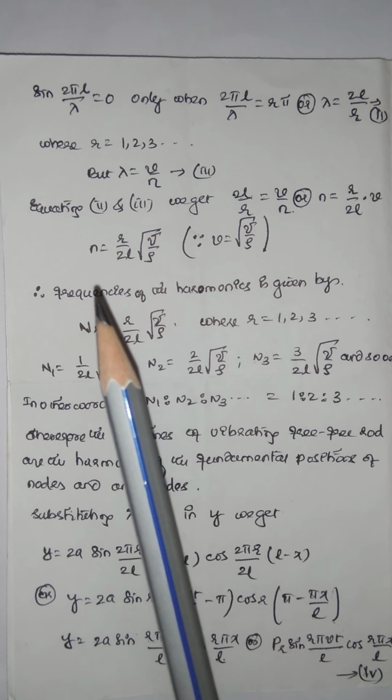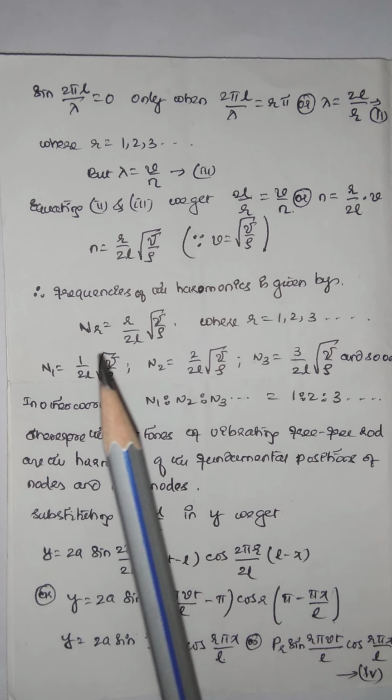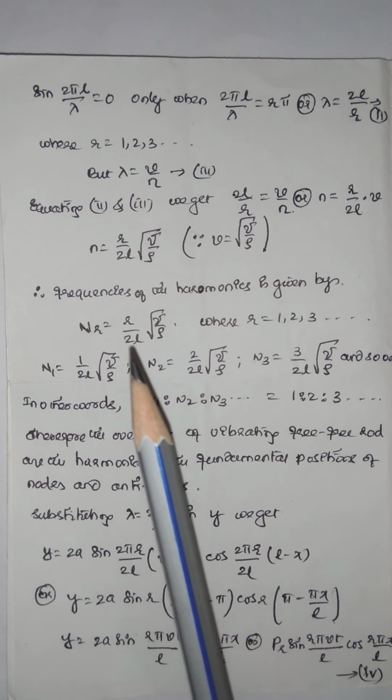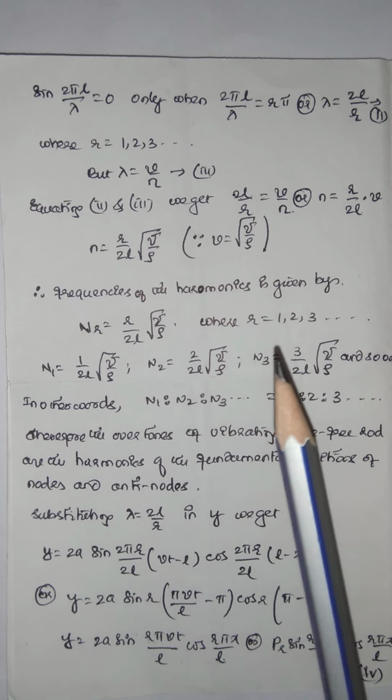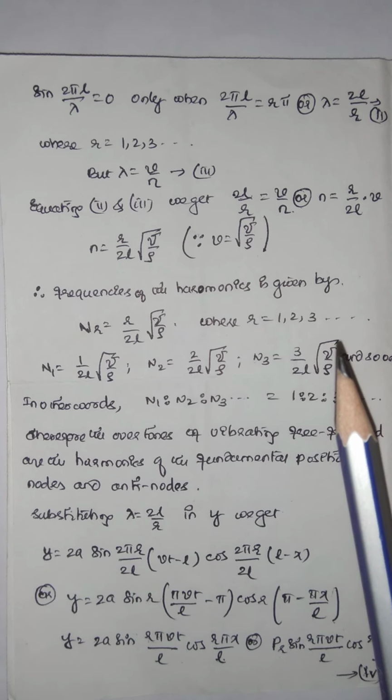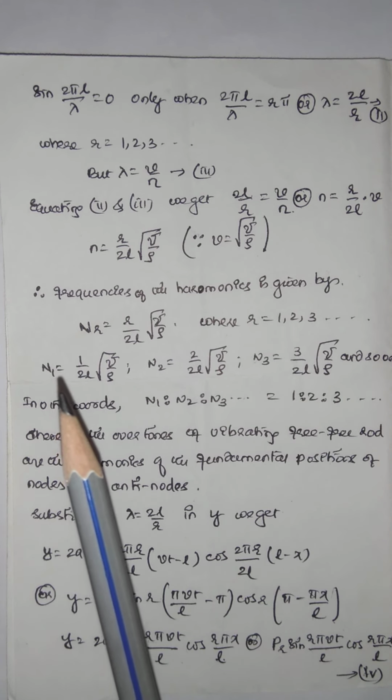Therefore, the frequency of the harmonics is given by n suffix r is equal to r by 2L into square root of gamma by rho, where r is equal to 1, 2, 3, etc. Suppose if r is equal to 1, it is called n1.